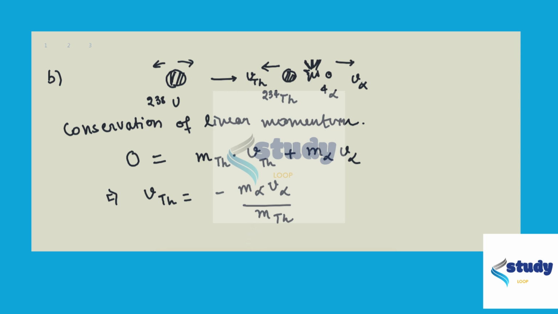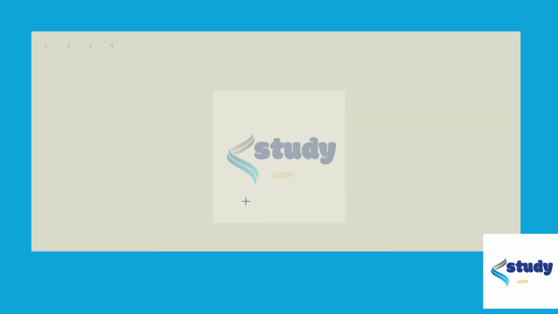And what does that say? It says that the total energy is conserved. The energy that came out of the reaction went into accelerating, putting these two particles in motion.